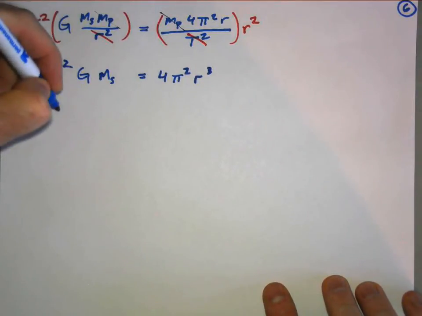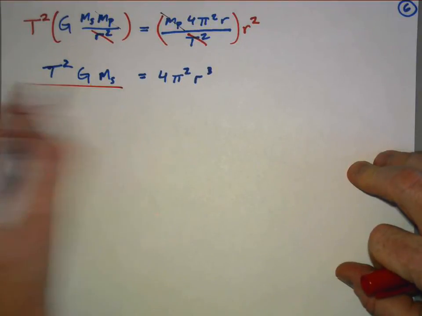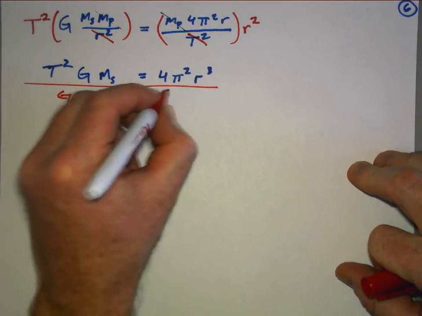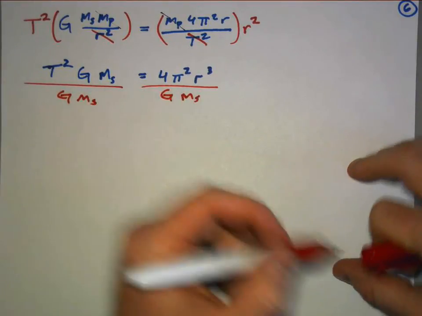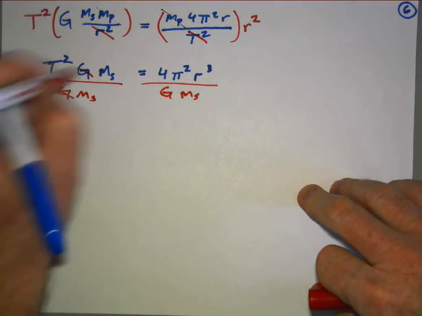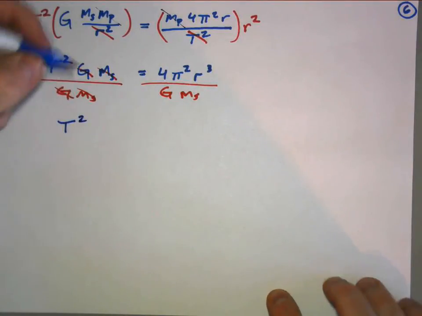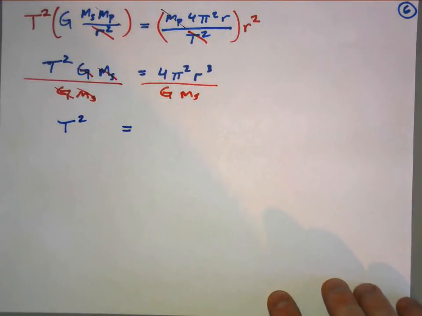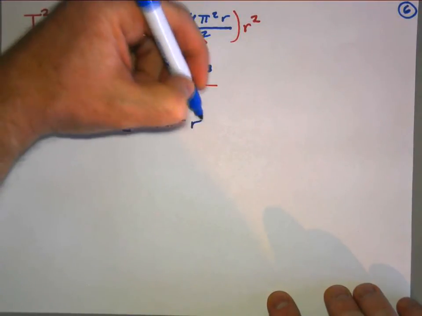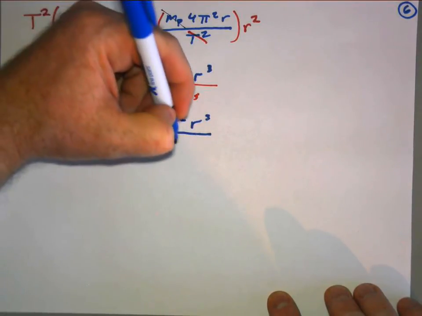Watch this. I'm going to divide both sides by g, the gravitational constant, and mass of the sun. So here we've got cancel, cancel, cancel, cancel. And I'm left with t squared is equal to 4 pi squared r cubed divided by g mass of the sun.